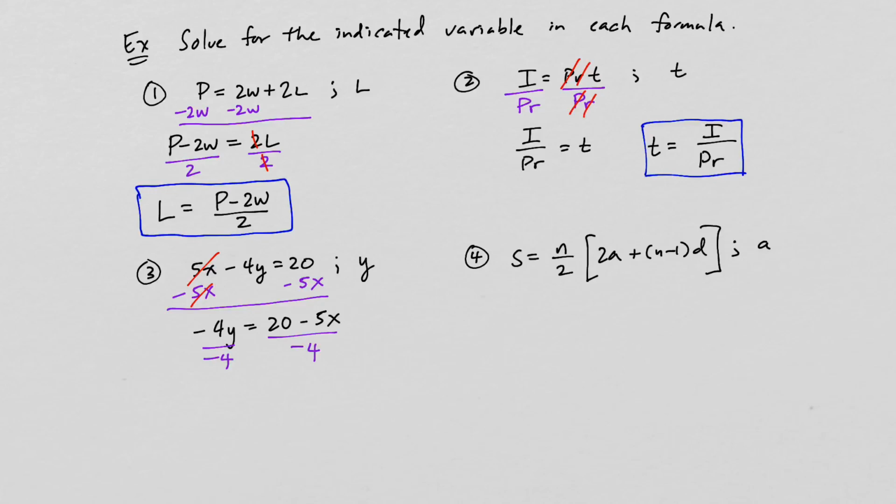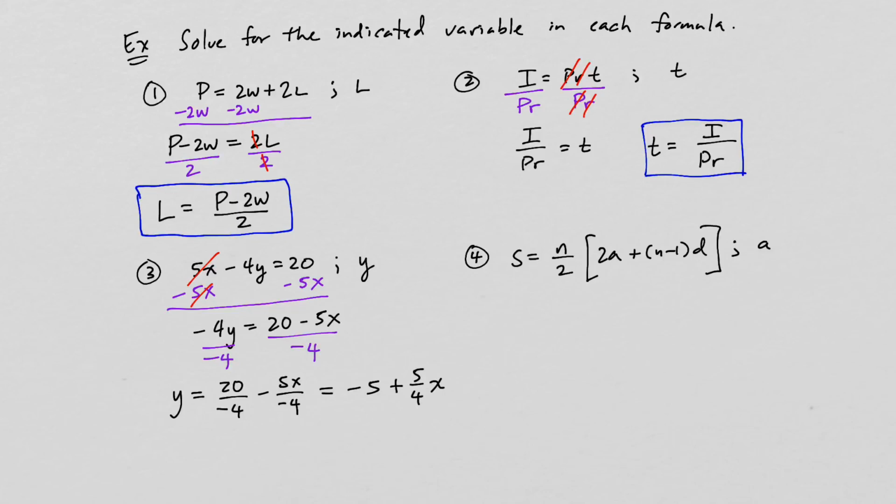Now, what I like to do here is divide each of these separately. And if you do that, 20 divided by negative 4 is negative 5. And then negative 5x divided by negative 4, the negatives cancel, and we get positive 5/4 x.